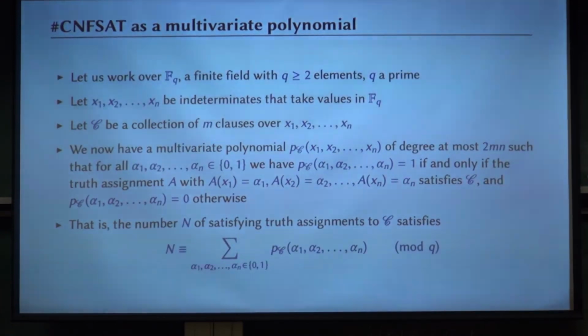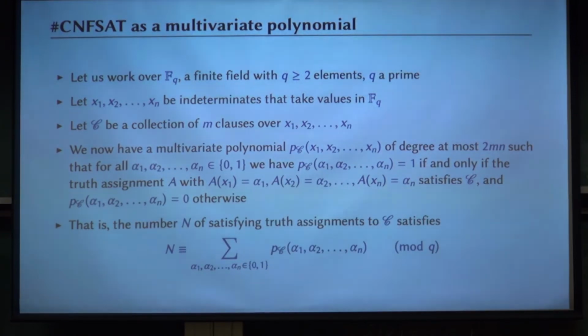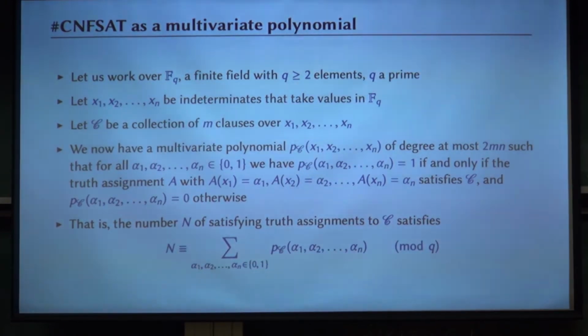Now, do we need such a high degree later, because all these values xi take values 0 and 1, and you can trim something off? Yes, but notice that we are actually working over a field. You're asking a very good question.